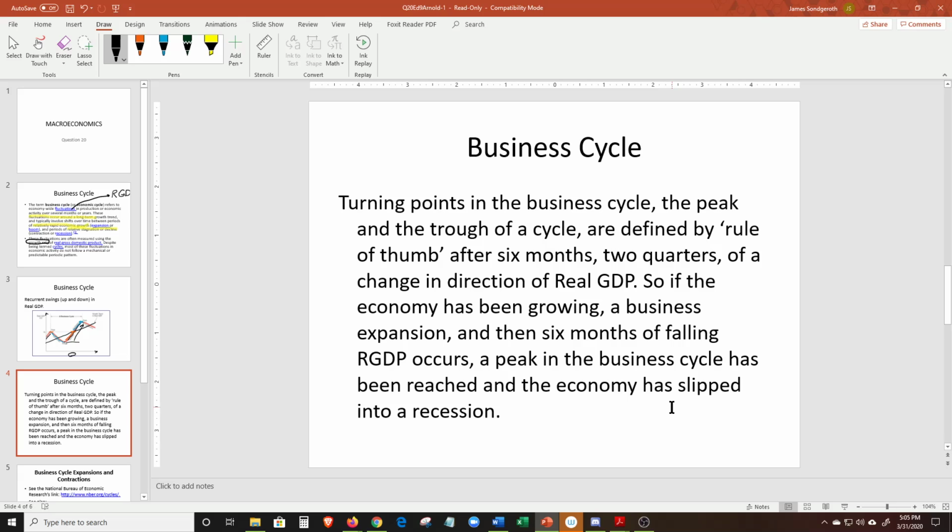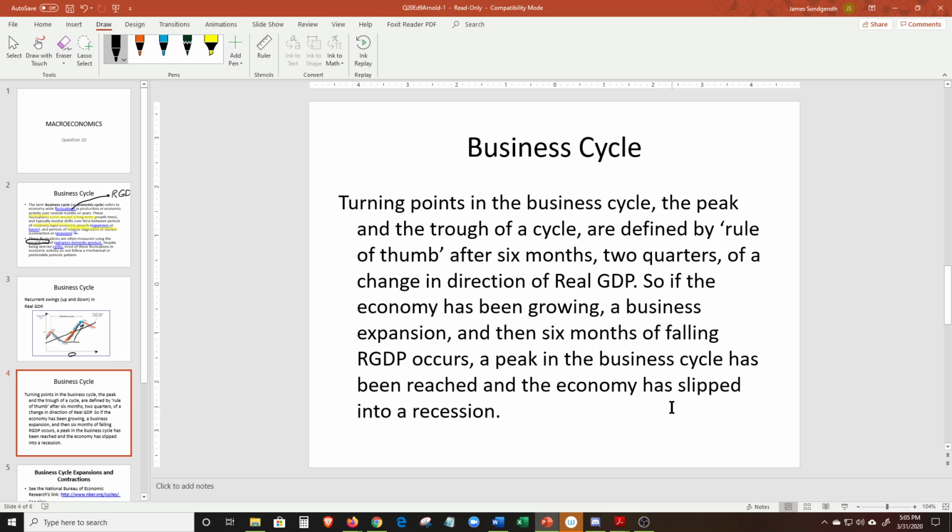And vice versa, if it's been contracting and then it starts growing again, in other words, real GDP starts expanding, it has to expand for 6 months in a row or 2 quarters before they say we are out of a recession. And they is the National Bureau of Economic Research.